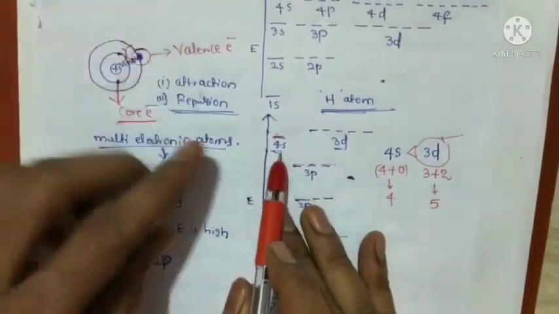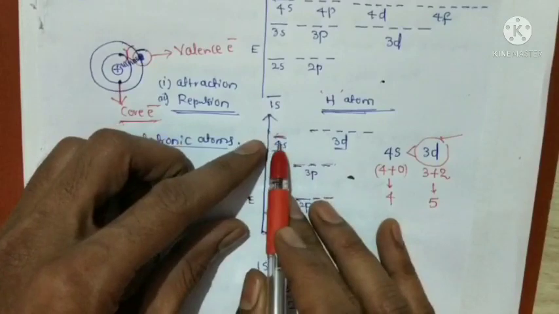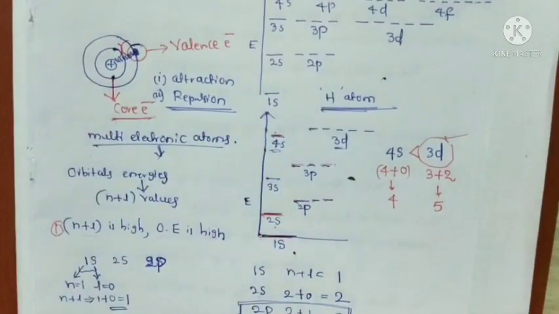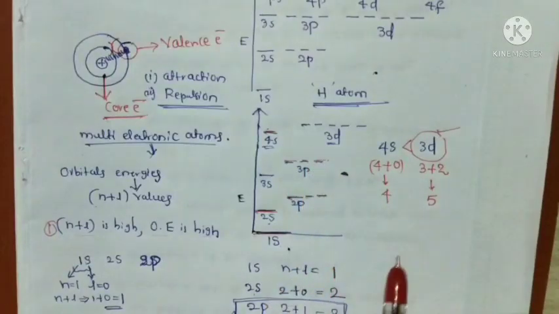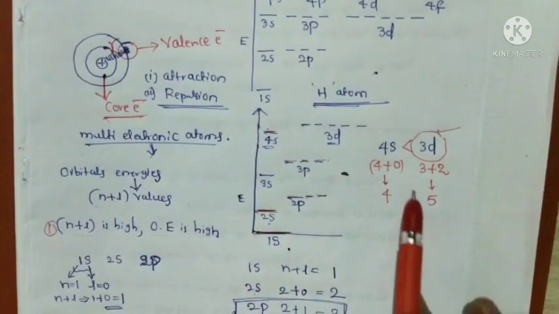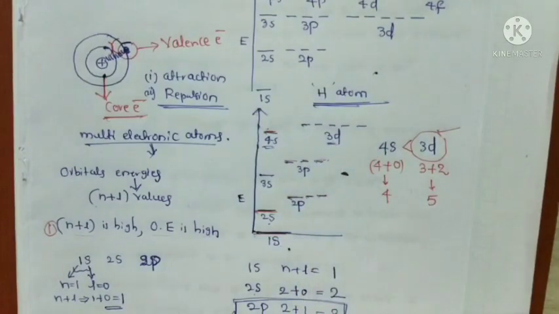So the energy of the 3d orbital is high compared with the 4s orbital. How can we find which orbital has more energy? That is by the n plus L value. Comparing the n plus L values, we find which orbital has higher energy.